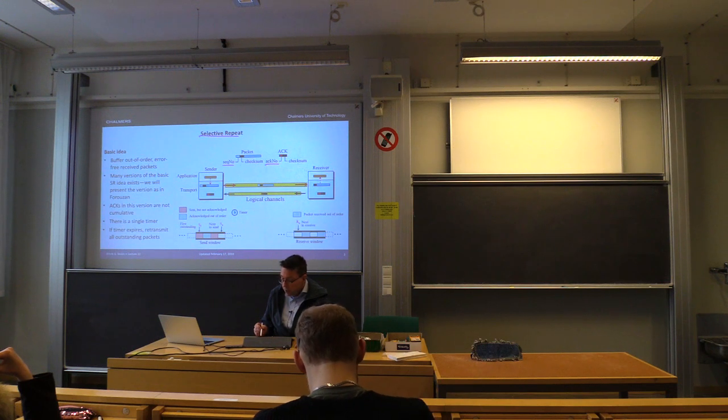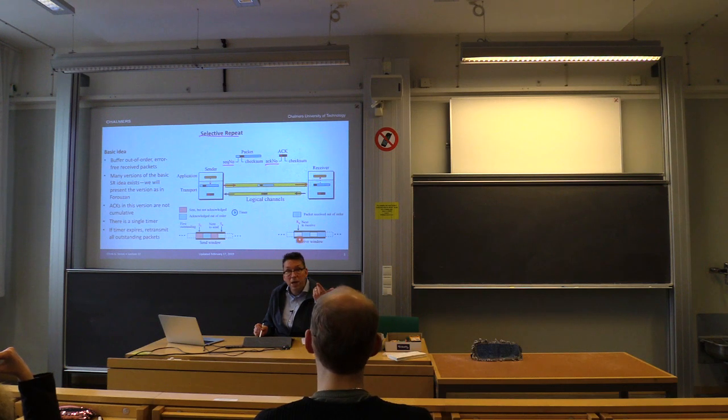And then there is also a timer at the transmitter side. At the receiver side, there is now a receive window which has a size greater than 1. Because if you remember, in go back N and in stop and wait, there is only space for one packet, so there is no space where we can buffer packets. But here we have a receive window, and there is a pointer pointing at an empty slot in this buffer.